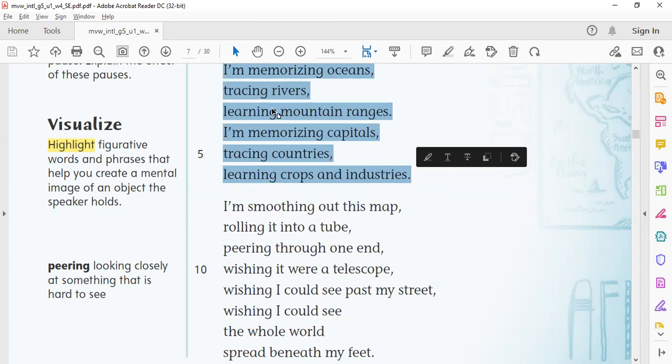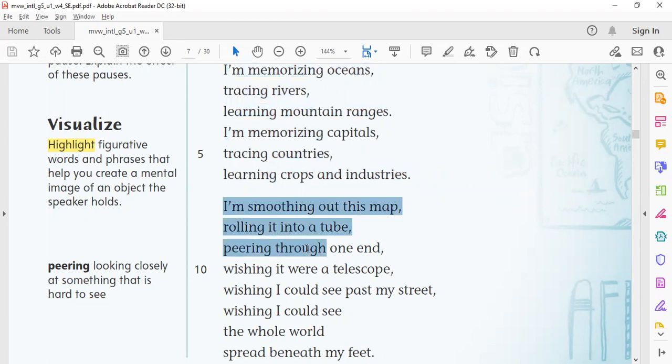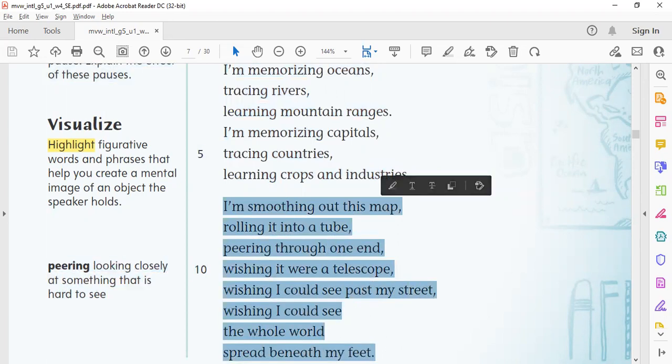She's learning, very good, about natural things and man-made things. And in the second stanza, she said that she wants to travel, very good. Here, which words tell you that she wants to travel?